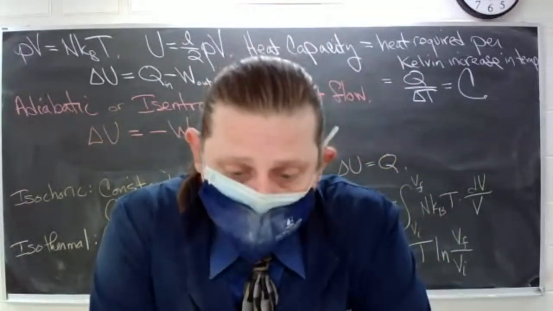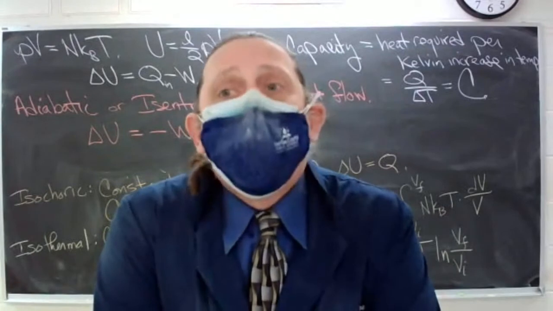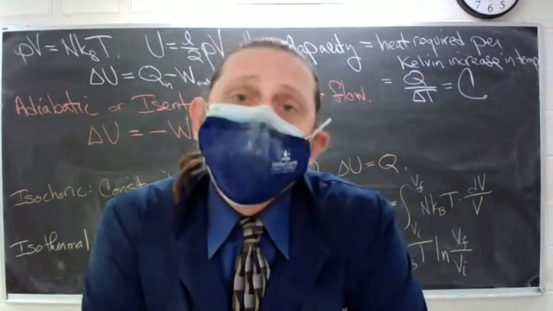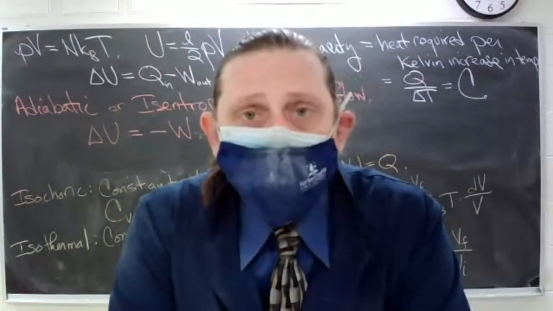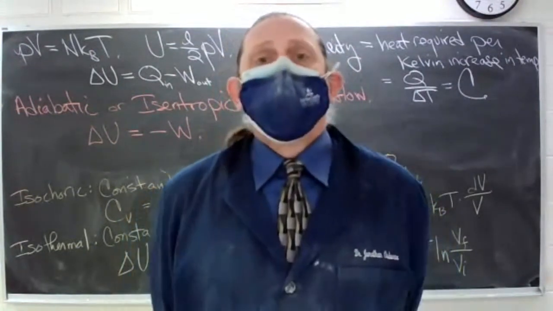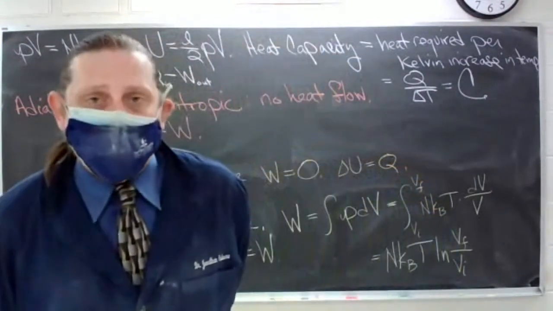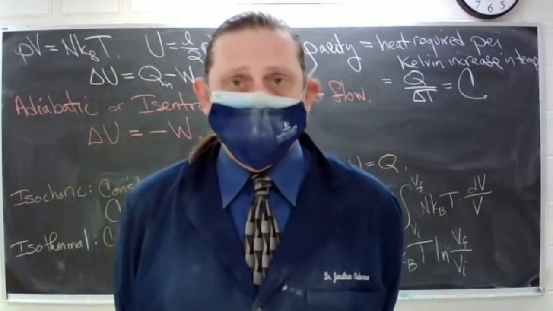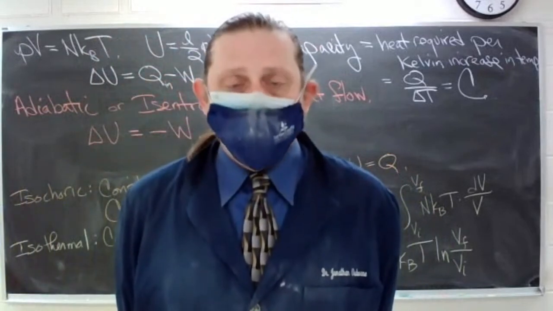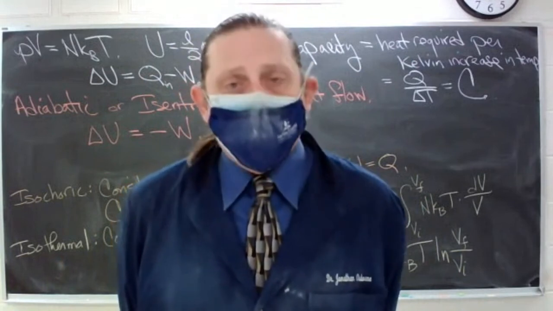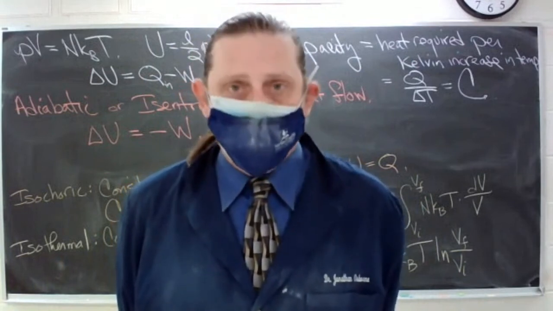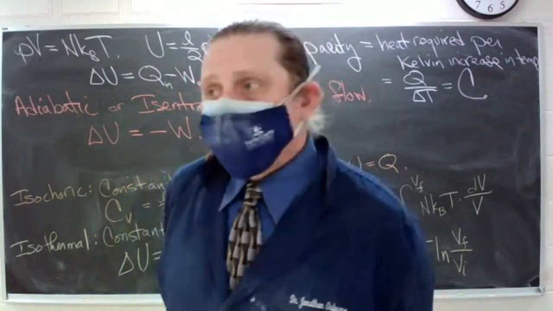All right? And this presents one method that we can use to liquefy gases like nitrogen or helium. We can use an adiabatic cooling process in which the gas cools to a temperature lower than its liquefaction point. Okay?